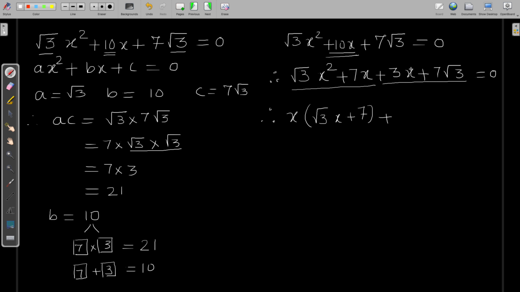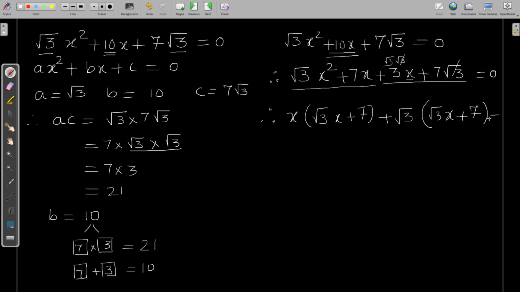Plus, in the second 2 terms, this is a little tricky. This 3 is actually root 3 into root 3. So there are 2 root 3's here, and 1 root 3 there. I can take out 1 root 3 from this 3, leaving behind 1 root 3. That root 3 and this root 3 are taken out as a common factor. What is left with me is root 3 times x, so I put root 3 x plus, that root 3 is gone, so 7 alone.